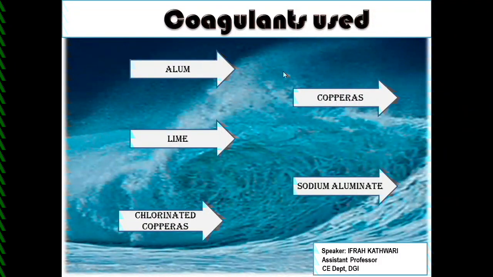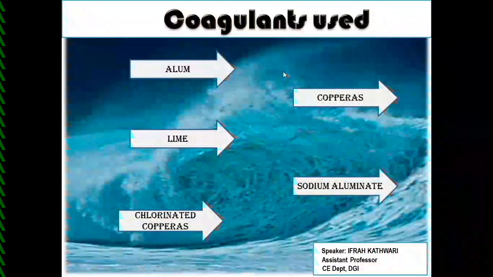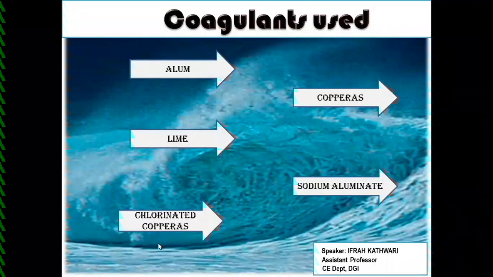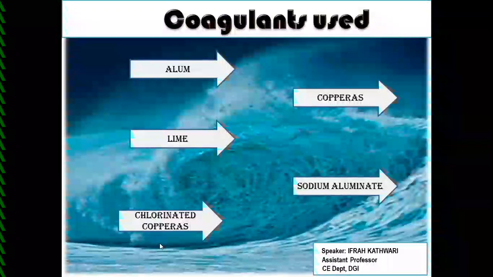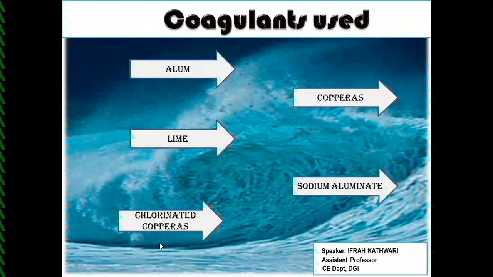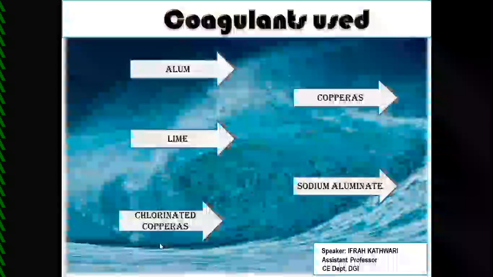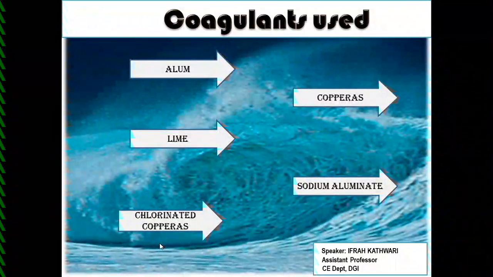That is why it is not used for colored water. Okay. Then coming to chlorinated copperas, it forms when we go with the chlorination of copperas, which I already discussed. Copperas is not used for treating colored water and adds to the hardness of water.